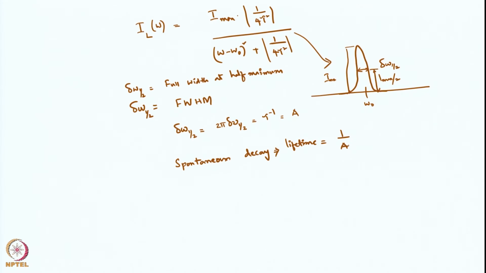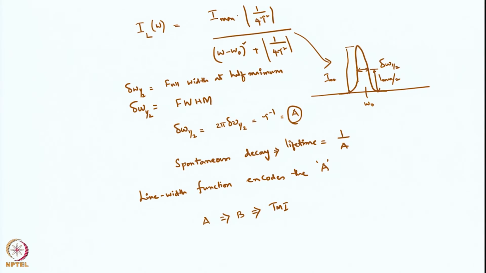So, by estimating this, we can get the value of A. The line width function encodes A, your Einstein coefficient A. Once we know A, we know how to get B, and from B we also know how to get the transition moment integral. So, just by measuring the line width, one can get the lifetime and Einstein's coefficient A.